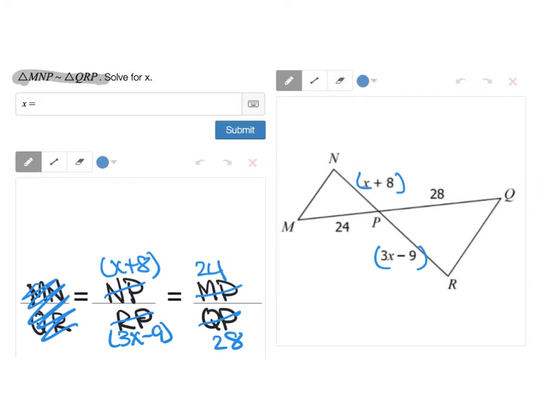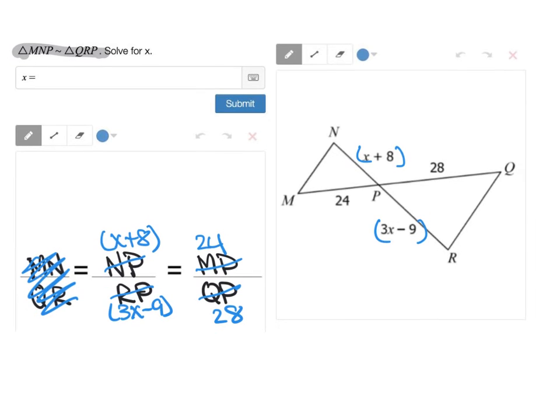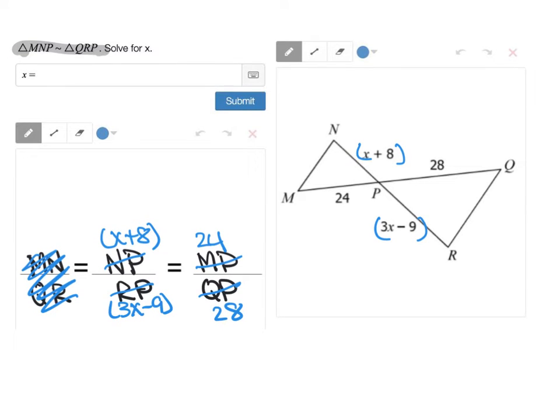This is a perfect example of why using the statement can make things easier. Otherwise stuff like crisscrosses and just doesn't make as much sense. So we would be solving x plus 8 over 3x minus 9 equals 24 over 28.